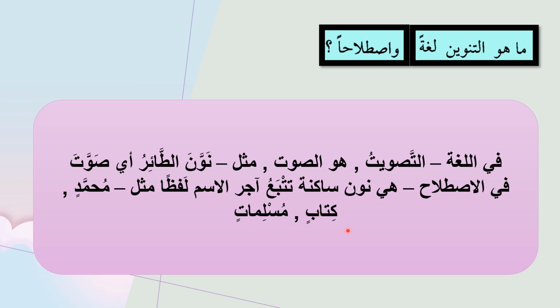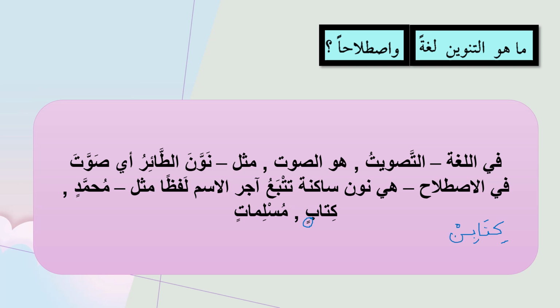So this is what it means in istalah. Hiya noon sakina تتبع آخر الاسم لفظ مثل محمد. What do you understand by noon sakina? Noon sakina means, for example, if there is a word kitab and there is a kasra, then when you open it up it will look like this: ba kasra with noon sakina.